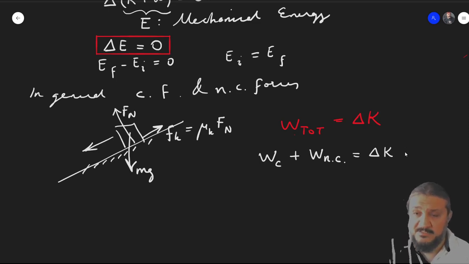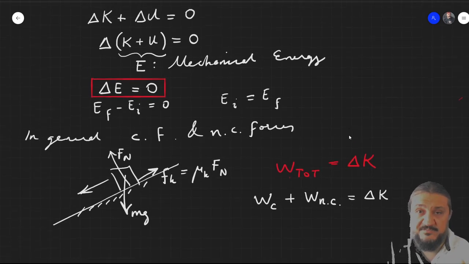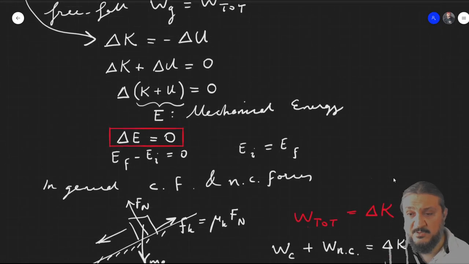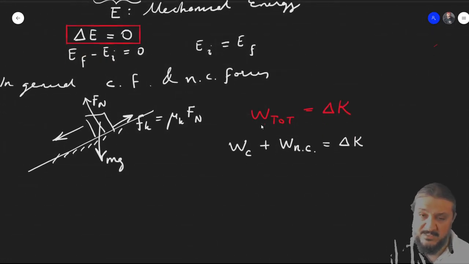All right, so having separated work like this, now we know that this first term is only about conservative forces, and we have an equation for that, the one that I just wrote here, right? Like I wrote gravity here, but that applies to any conservative force. The work done by conservative force is equal to negative delta U, if U is defined properly. So I'm going to replace this WC with negative delta U, where U represents a potential energy.